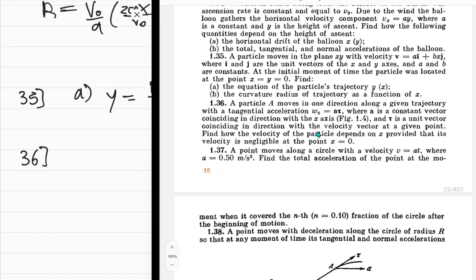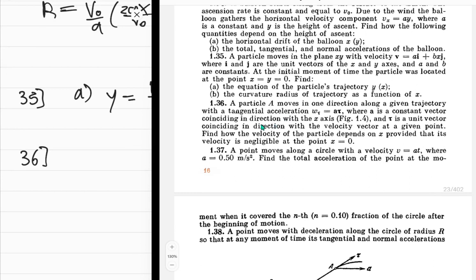Yeah, so tangential acceleration, wait, what? In one direction, wait. You just said it's moving in one direction along a given trajectory. Wait, I don't get it. No, something's wrong about this. But you just said it's along one direction, so then how does this even make sense? Tangential acceleration.